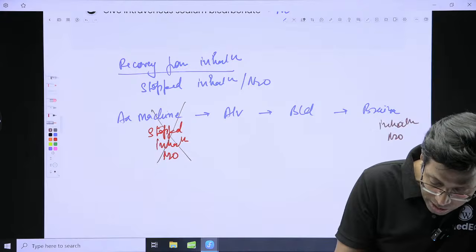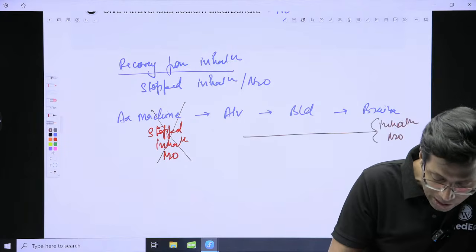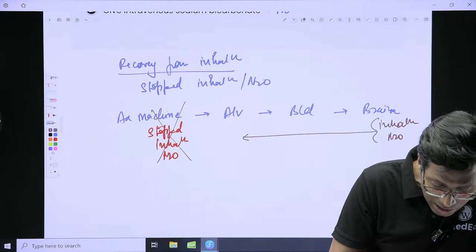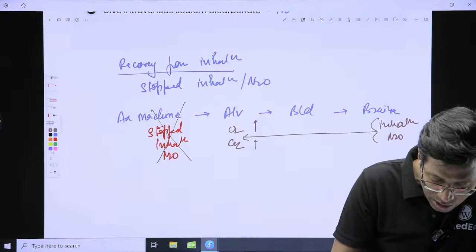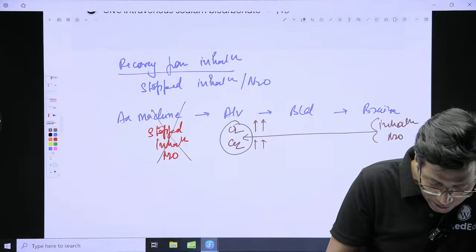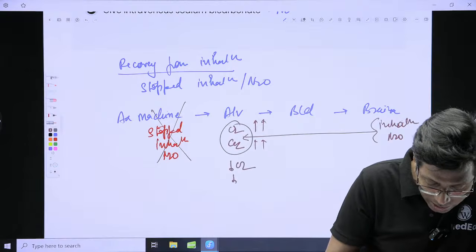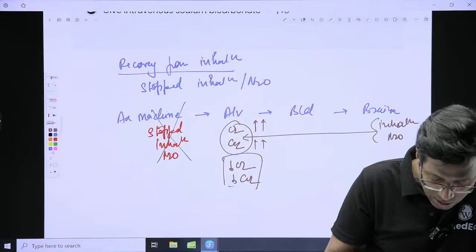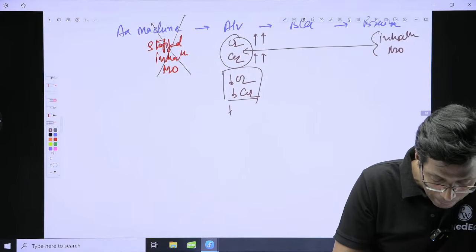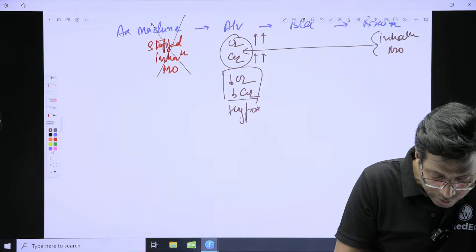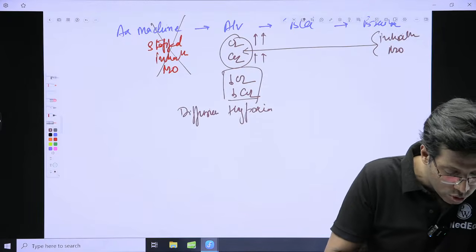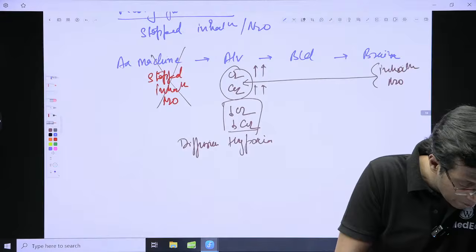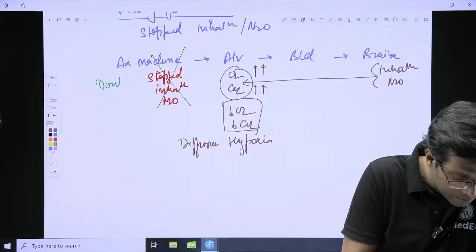So when it comes fast into the alveoli, it dilutes the alveolar oxygen and carbon dioxide because there is so much of nitrous that it decreases oxygen, it decreases carbon dioxide, and this leads to hypoxia. And that is why it is called diffusion hypoxia. And to prevent that, you stop inhalational and nitrous, but don't stop oxygen.